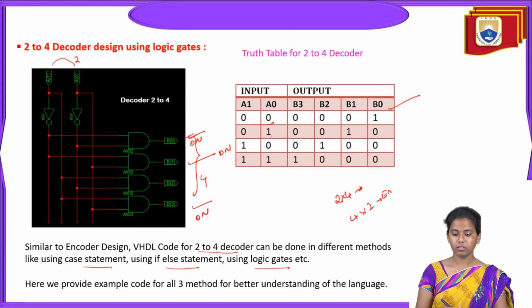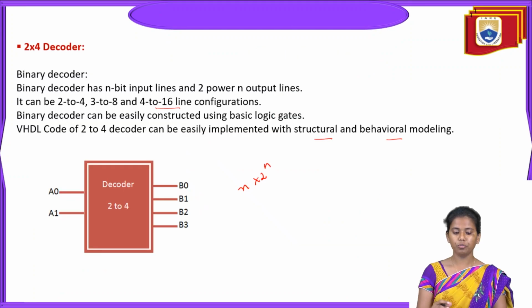So this is all about the 2 to 4 decoder, and how we can easily solve the problems pertaining to connection, routing, placement, and floor planning as well.